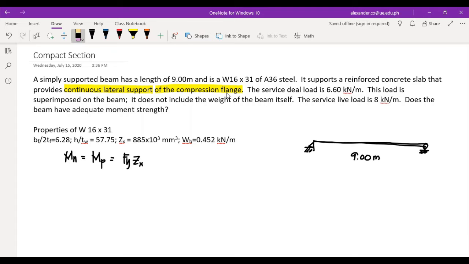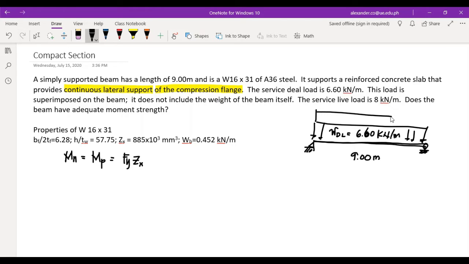Okay? So, meron tayong service dead load, 6.6 kN. Okay? So, uniformly distributed na load na 6.6 kN. Okay, so W dead load service po yan, ha. It's 6.6 kilonewton per meter.